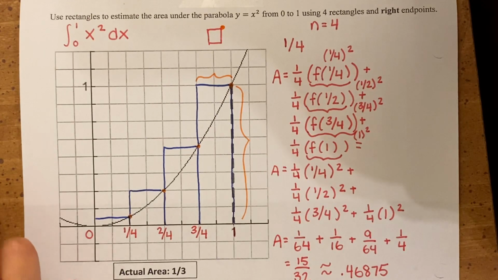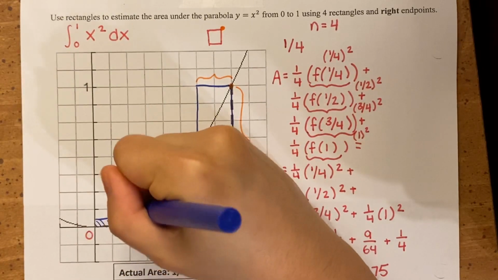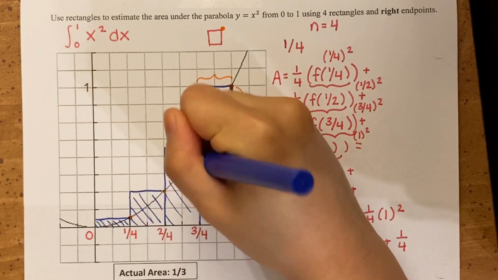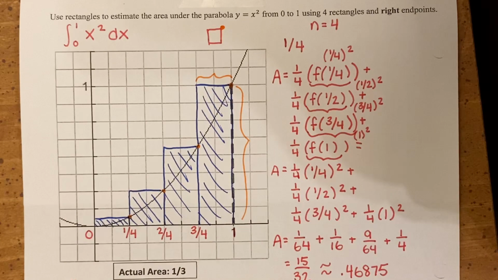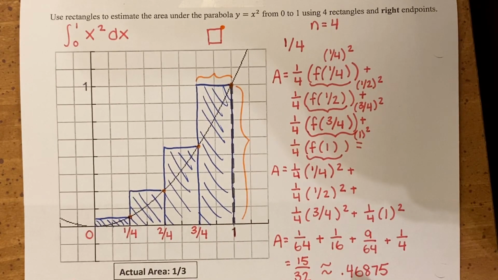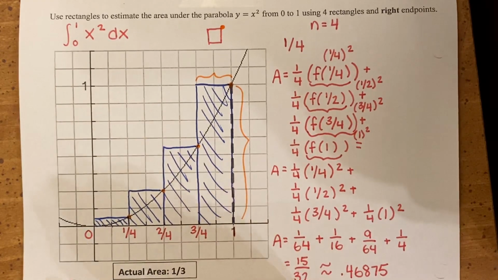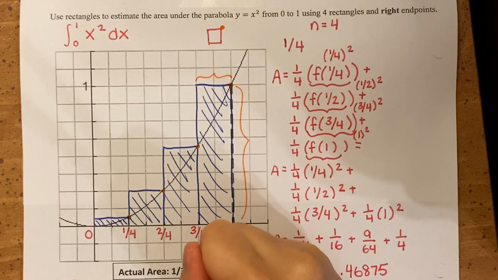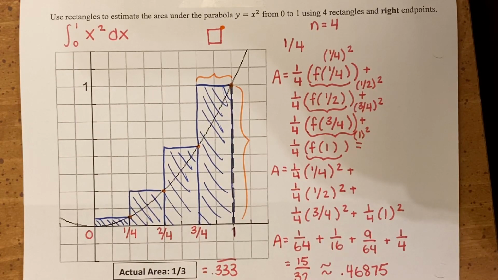So this means that the area of all of these rectangles that we use to estimate the area under y equals x squared is 0.46875, which is sort of close to 1/3, which is 0.33 repeating.